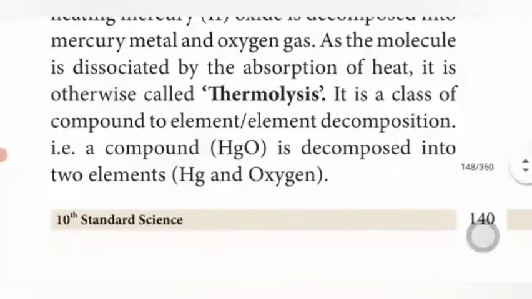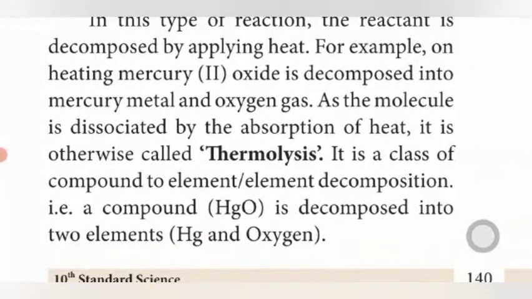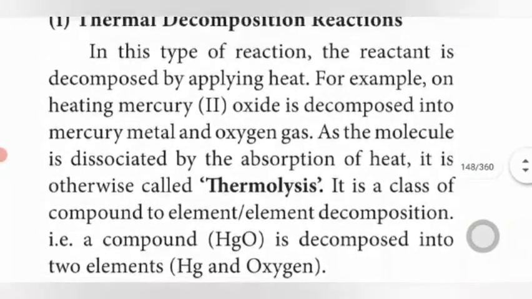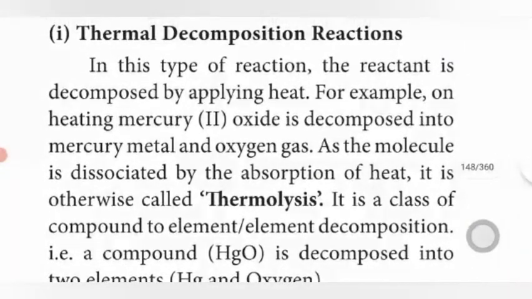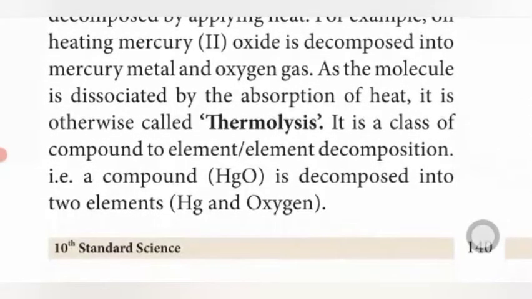Mercury and oxygen. Thermal decomposition means decomposition occurs by using heat energy. The bond breaks by absorption of some heat energy, and the compound breaks into simple substances. This is compound to element decomposition.